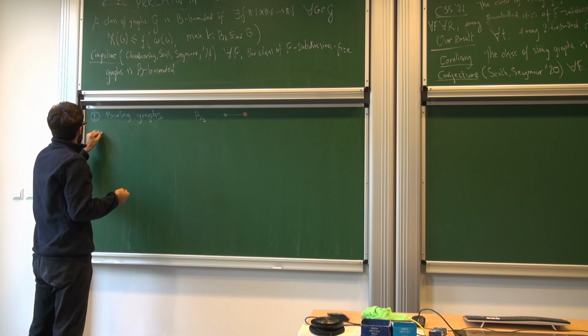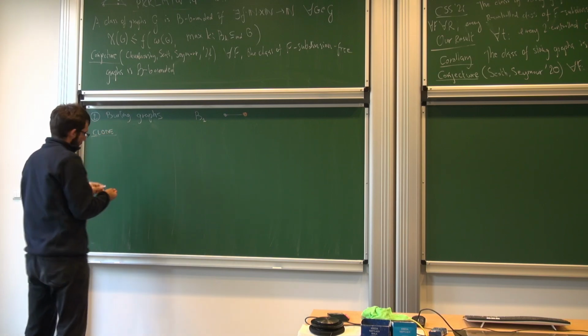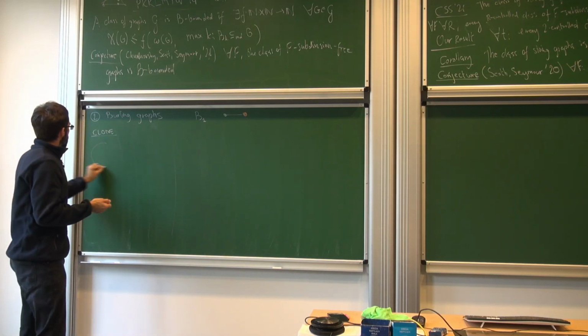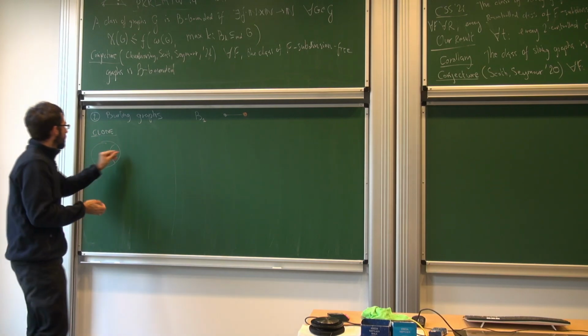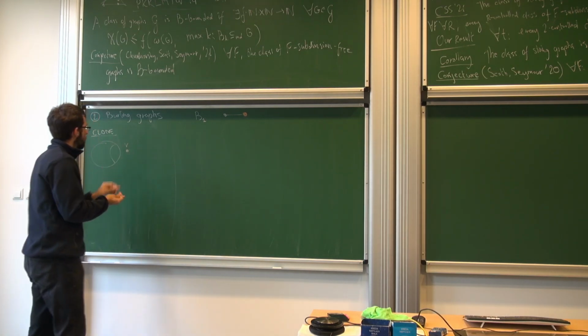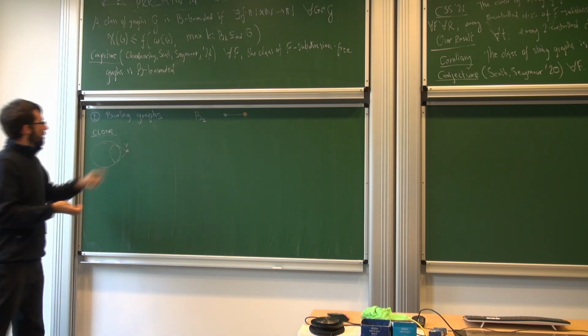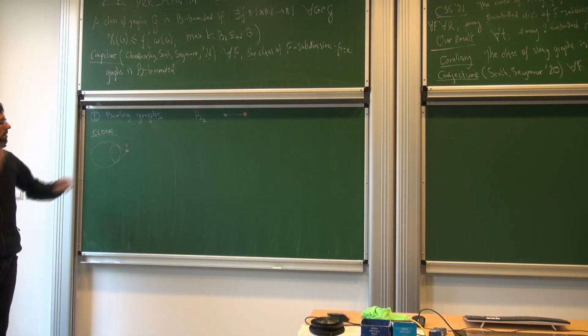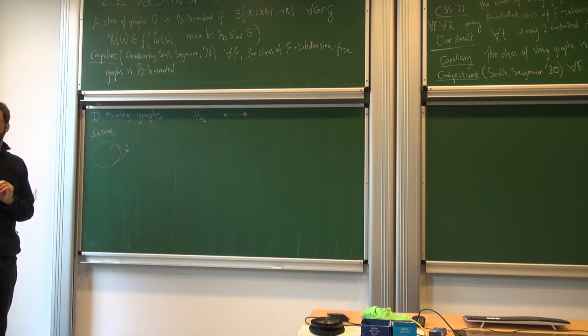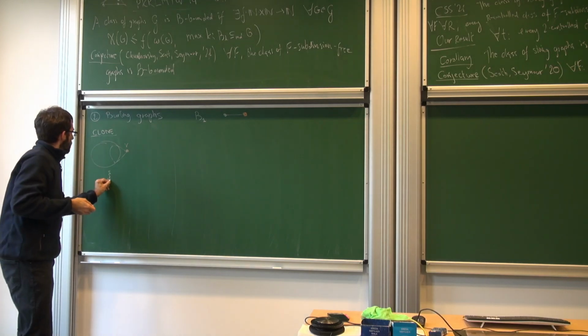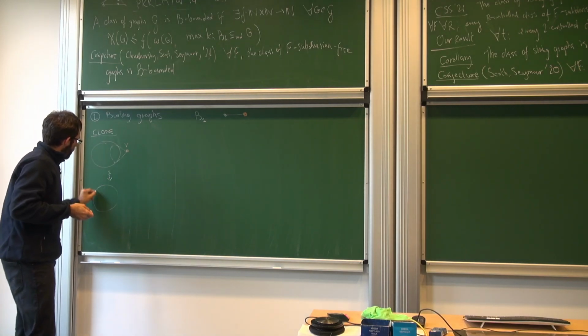One operation is called clone, and it works as follows. We take some graph with a marked independent set, and we pick one of the marked vertices. This thing here is the neighborhood of that vertex V, and we transform it in the following way.